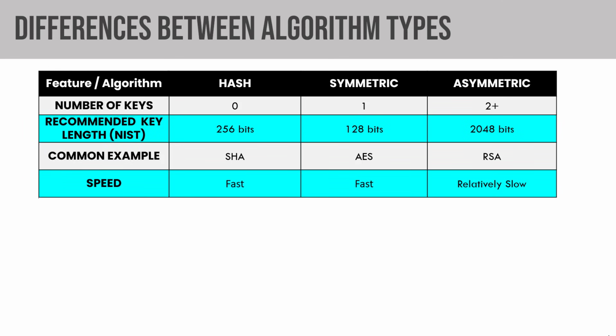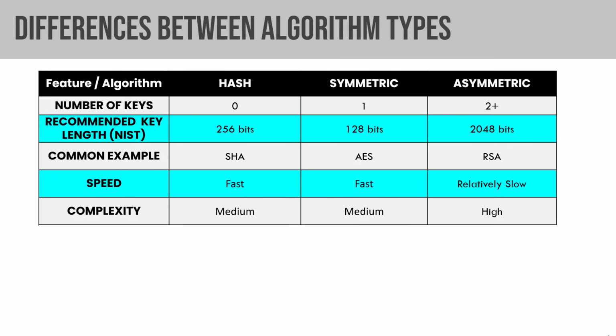Speed: our hashing algorithms and our symmetric cryptography where we have a single shared key are going to be fast, and asymmetric by comparison will be relatively slow, which is why we don't see it used typically for bulk data encryption. Complexity: hashing and symmetric cryptography are going to be in the medium range, and then asymmetric is going to be highly complex by comparison.